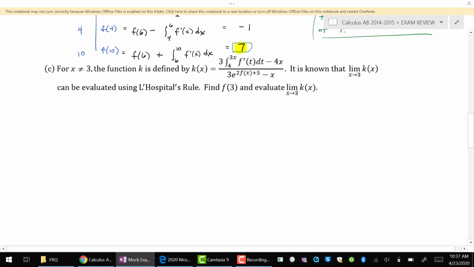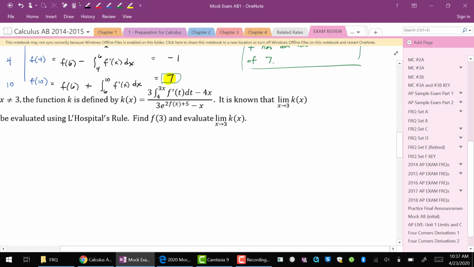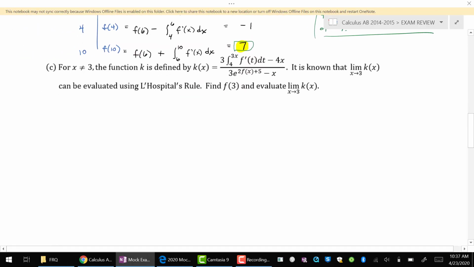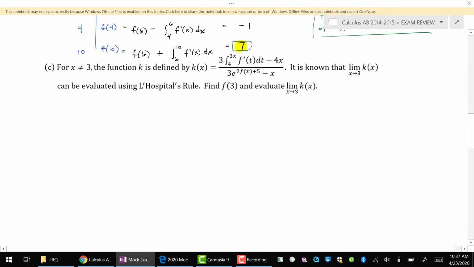Here's a new function, function k. And it says function k, or it is known that the limit as x approaches 3 can be evaluated using L'Hopital's rule. So what that means is, let's see if we can analyze what's happening here with the numerator and the denominator for L'Hopital's rule. What is the limit as x approaches 3 of the numerator?